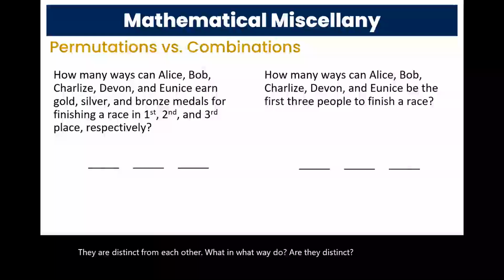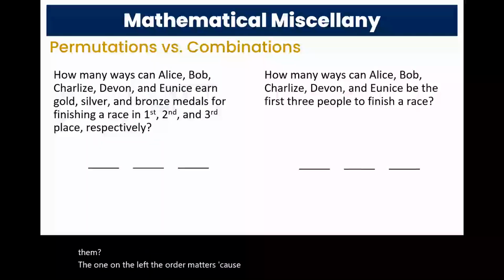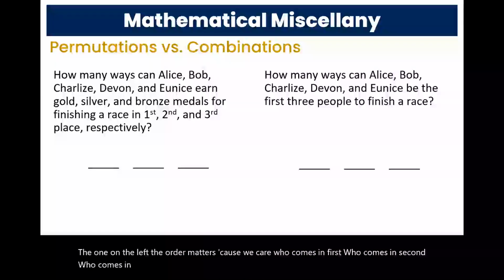The order in which they end matters in the case of which one of them? The one on the left, the order matters because we care who comes in first, who comes in second, who comes in third. So if I have it go A, B, C, is that different or the same as C, B, A?